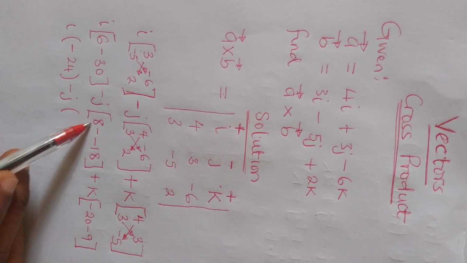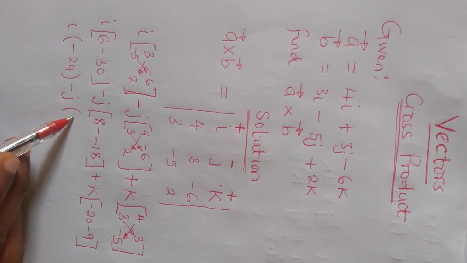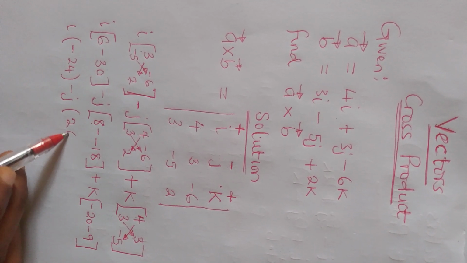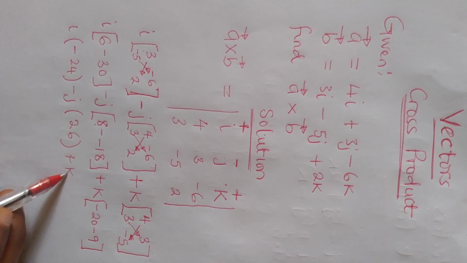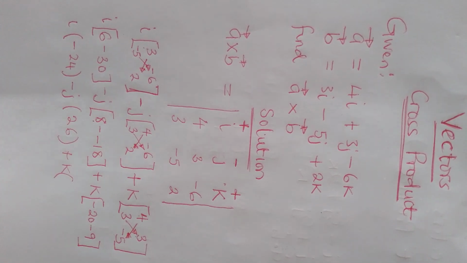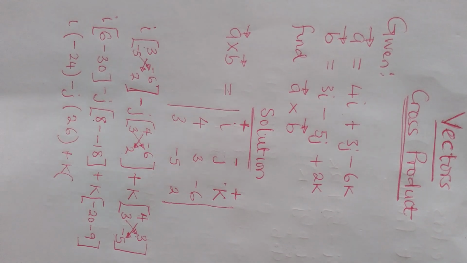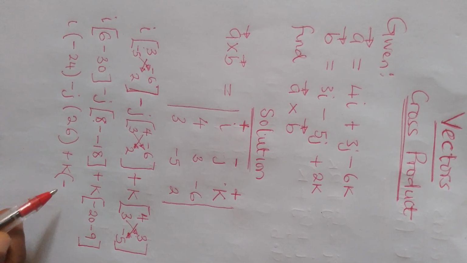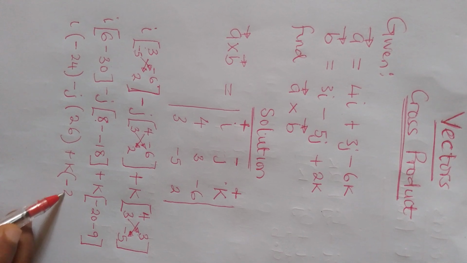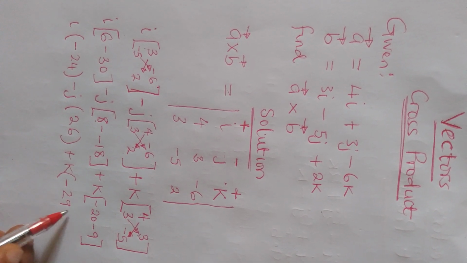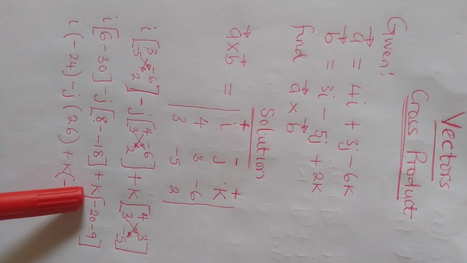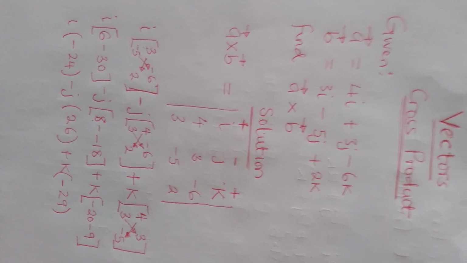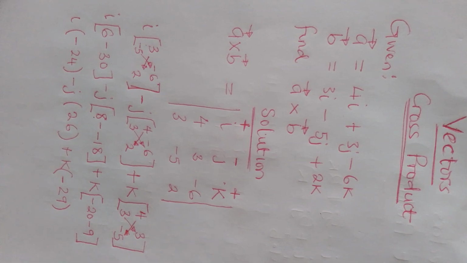So we have 8 plus 18, that will be 26, plus we have our k. So minus 20 minus 9 is minus 29, because your answer will take the sign in front of the bigger number. The sign in front of the bigger number is minus, so that's why we're having it to be minus 29.